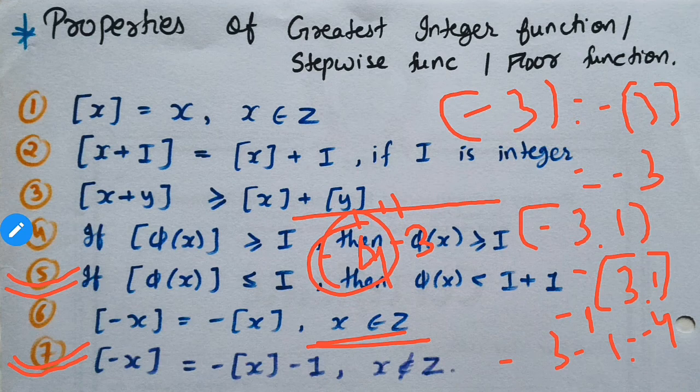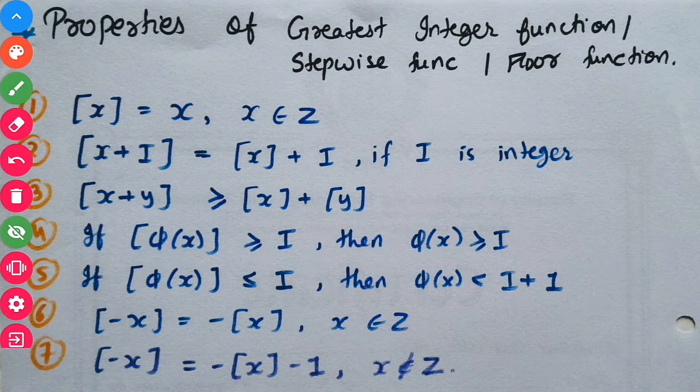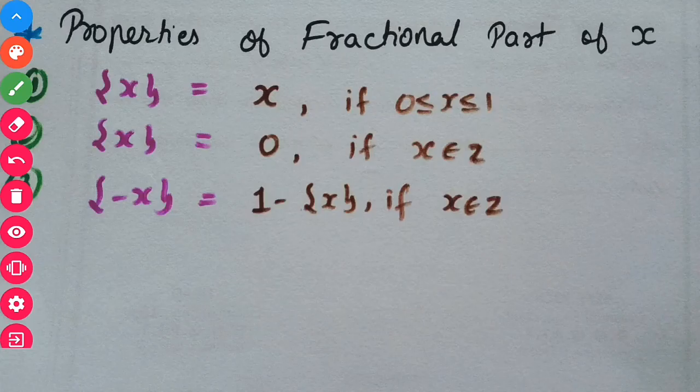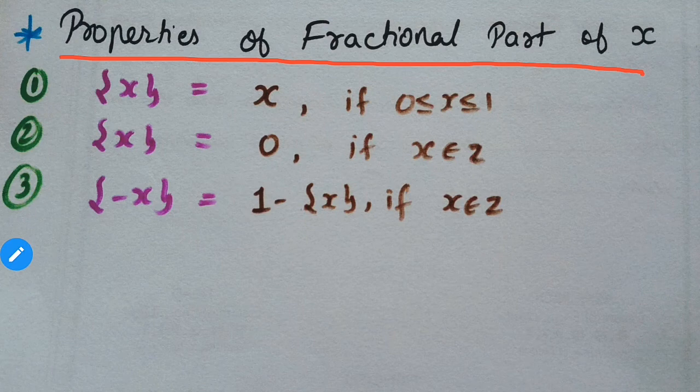Now let's discuss some other values. These are properties of fractional part function. This is also very useful. So fractional part of x, we can write x when it belongs to 0 to 1. Here always take care that it's between 0 and 1. Why?